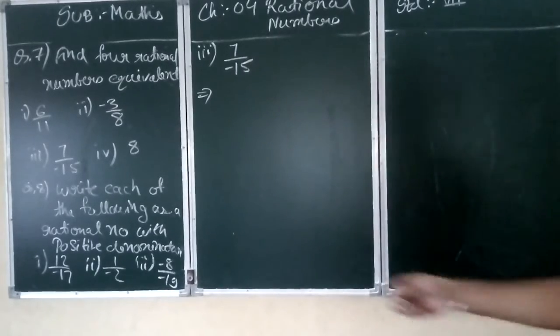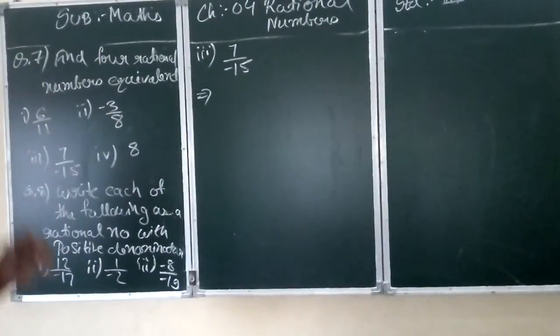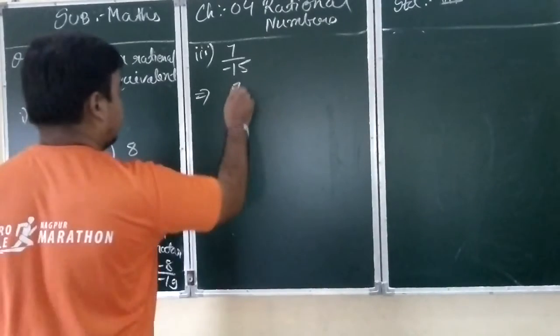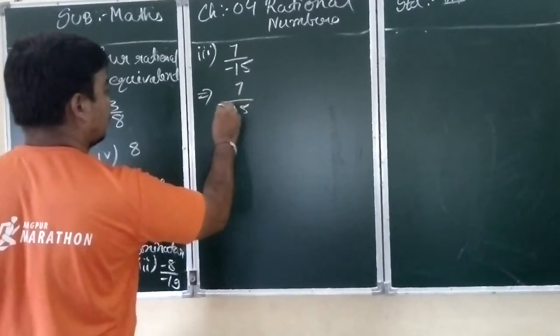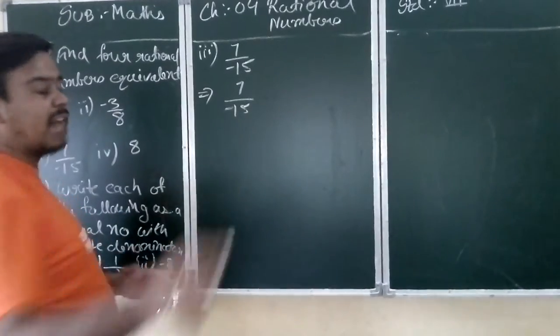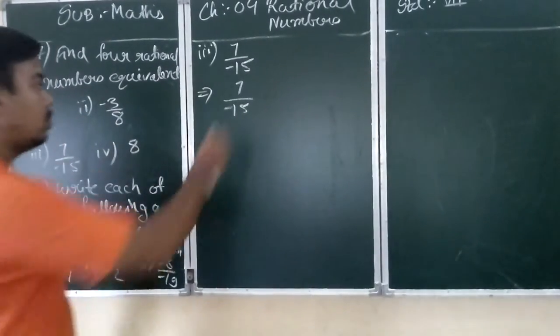Okay, so our next question is 7 by minus 15. Again we find 4 more numbers.